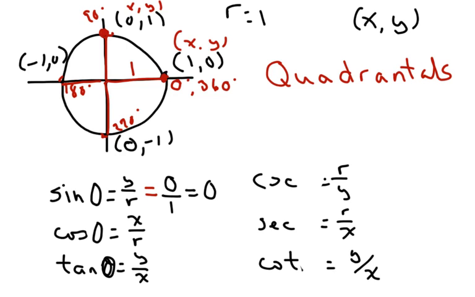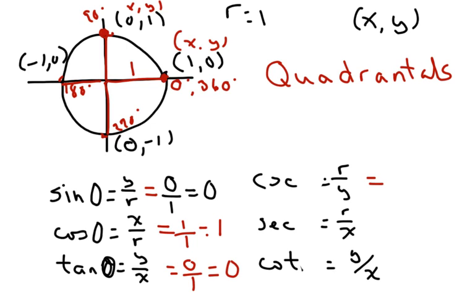Cosine of theta, or 0, is going to be x over r, x is 1, r is 1, so that equals 1. Tan is y over x, which is 0 over 1, equals 0.